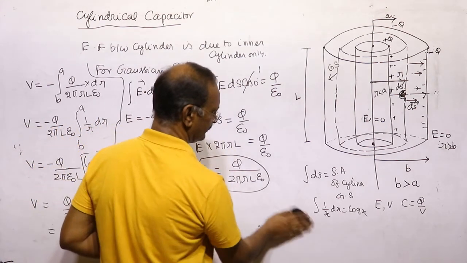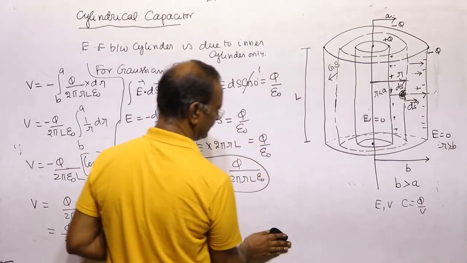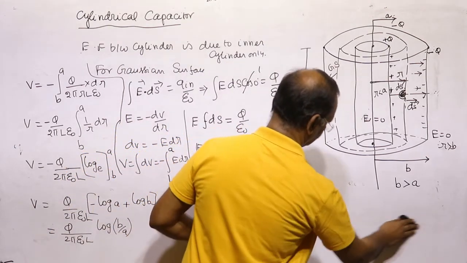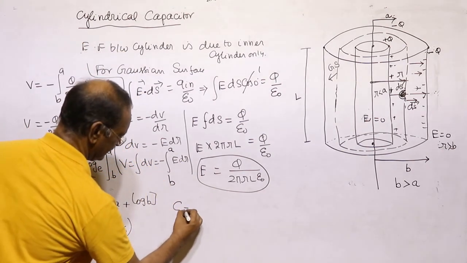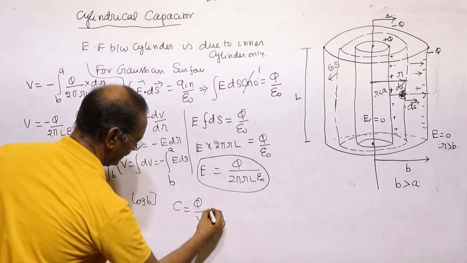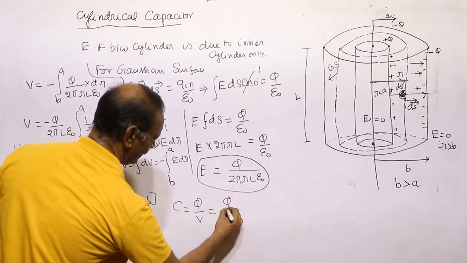So this is the potential. Now let us find out the capacitance. Capacitance is equal to Q by V. So what is V?